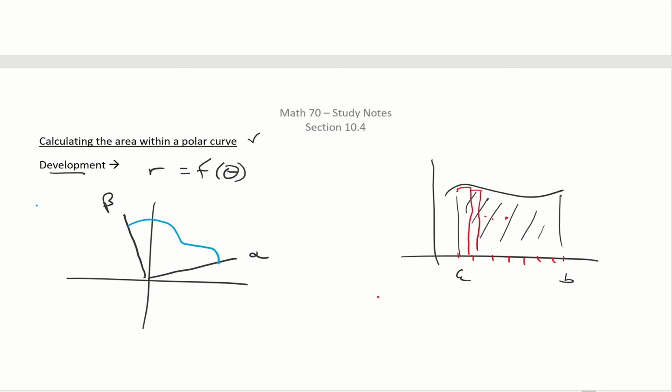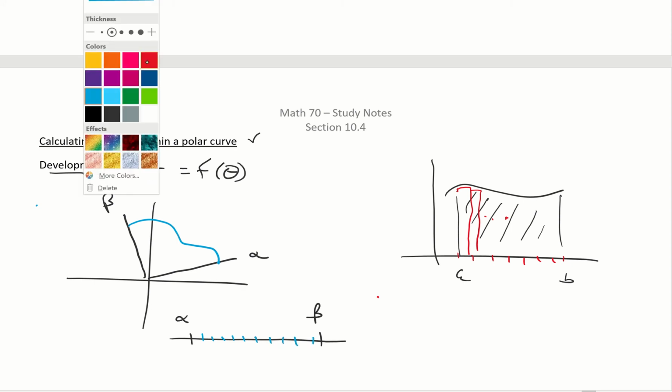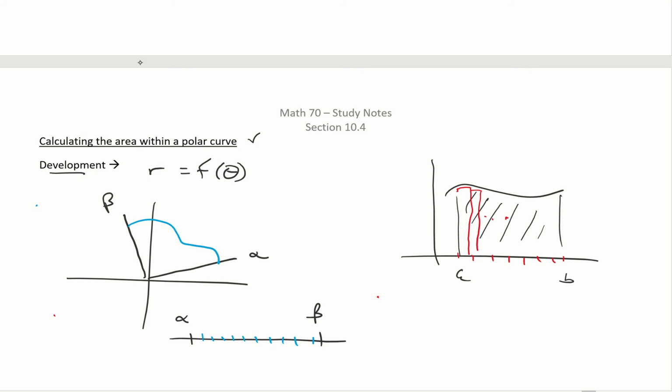Let's look at it this way. We take the theta interval from alpha to beta, and we still do the slicey-dicey. But when you fan it out, literally, I'm going to think about a fan that you fan out. You have these little angles, these delta thetas, if you will, marking out the area.